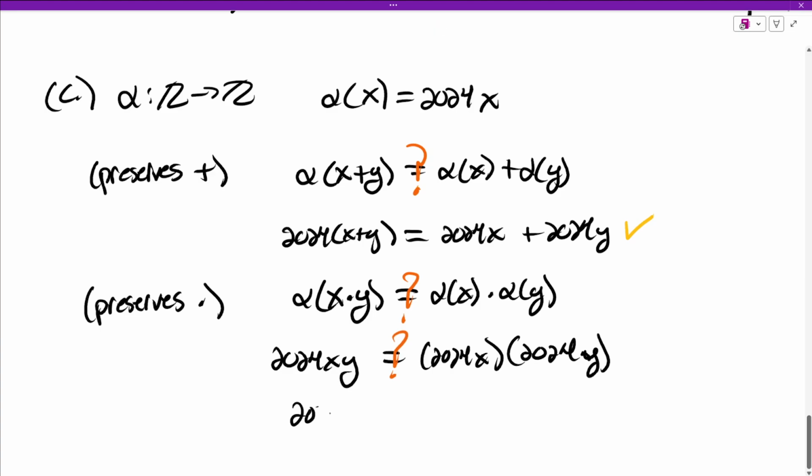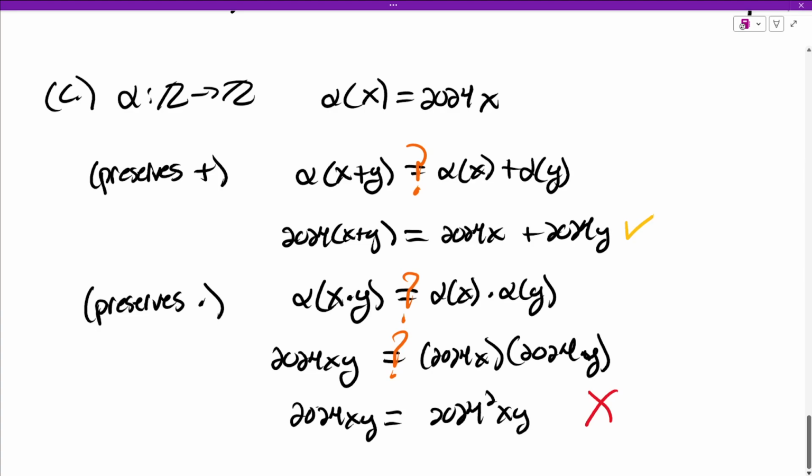I mean, we're pretty sure at this point, but this is 2024 xy versus 2024 squared xy. Now for this to be a homomorphism, this needs to hold for all x and y. This does not hold for all x and y, though. In particular, it doesn't hold for x and y as 1. So does this work? No. It does not preserve multiplication.